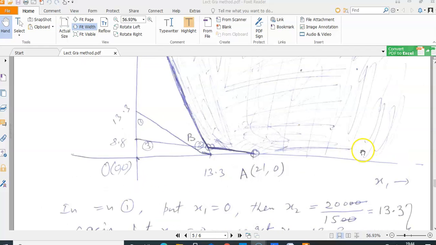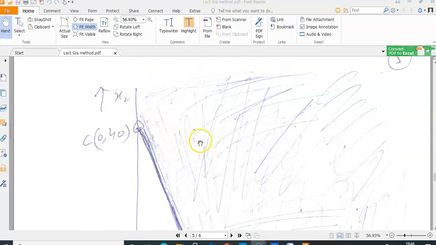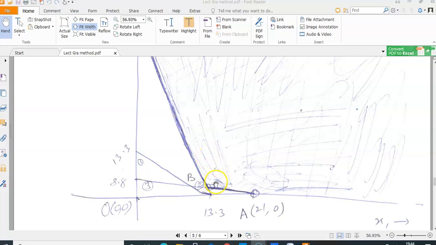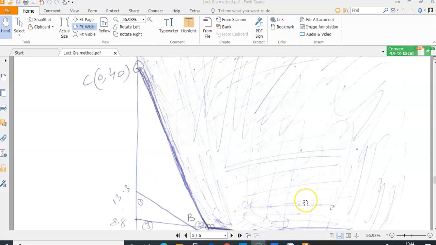We are interested in minimum values, so this is one point, this is another point, and this is another point. So we have three corner points of this feasible region where we want to test our objective function. Which of these points is giving us the minimum possible value?